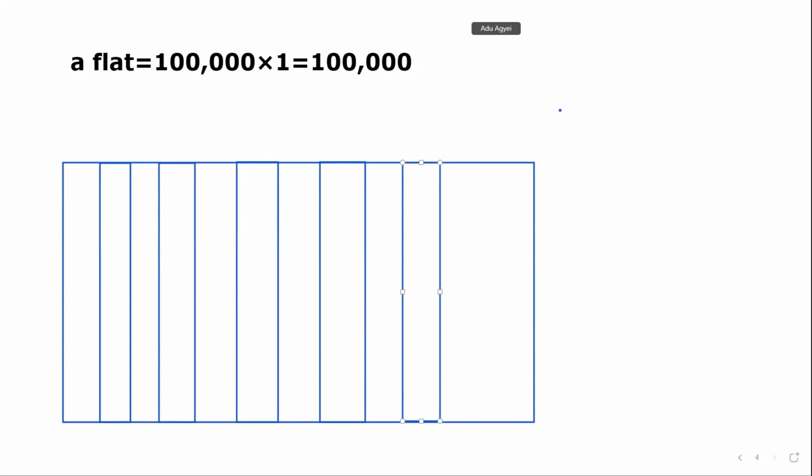So which means you have to divide it by 10. Now we have 1, 2, 3, 4, 5, 6, 7, 8, 9, 10. So we are also going to divide this into 10.